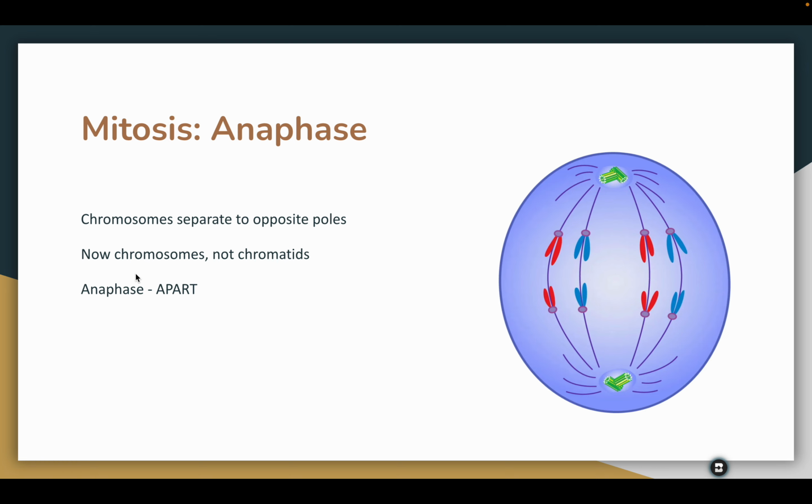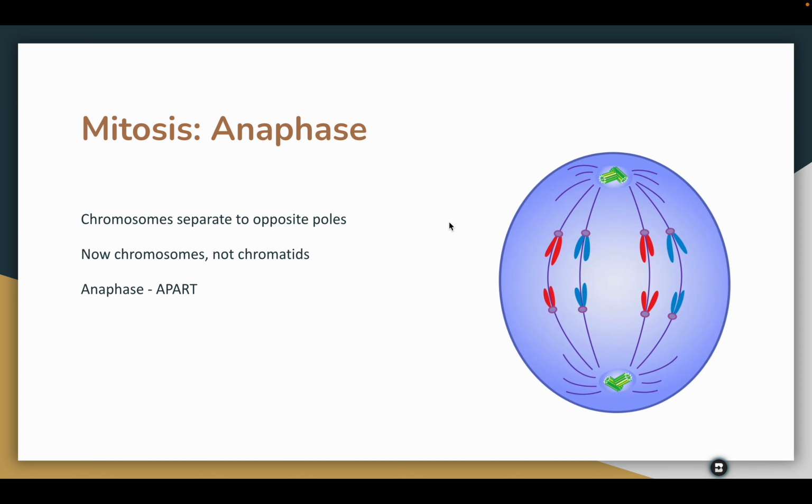In anaphase, I always like to say anaphase apart. Okay, so what we're doing is we're separating those sister chromatids. Okay, so if you look over here, if you're wondering how many chromosomes are going to head this way, well, count the centromeres. There's 1, 2, 3, and 4. There's 1, 2, 3, and 4.